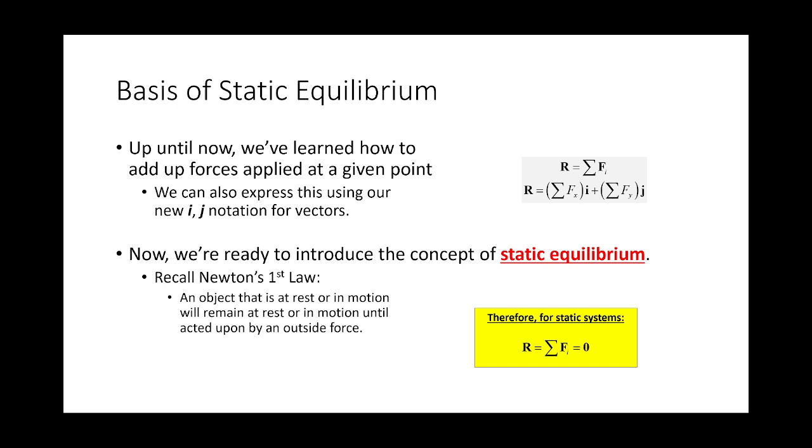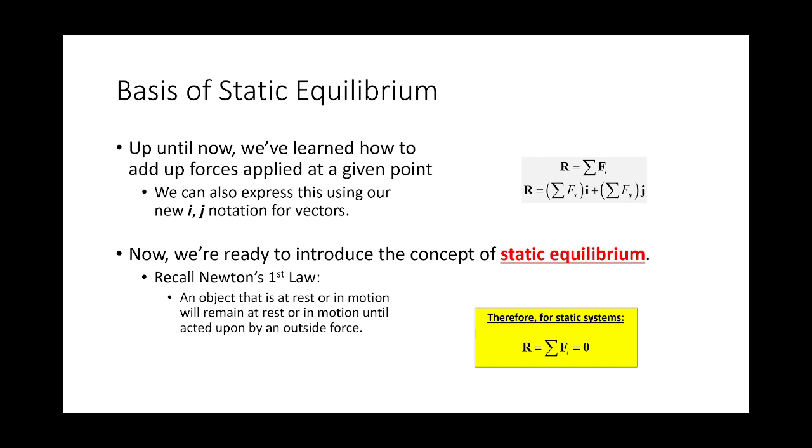Now what we're ready to do is introduce statics. Remember, Newton's first law says that an object that is at rest or in motion will remain at rest or in motion until acted upon by an outside force. Objects that are in static equilibrium are static. They are at rest. For static systems, the resultant must be 0.